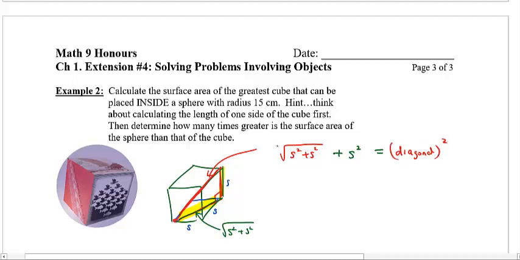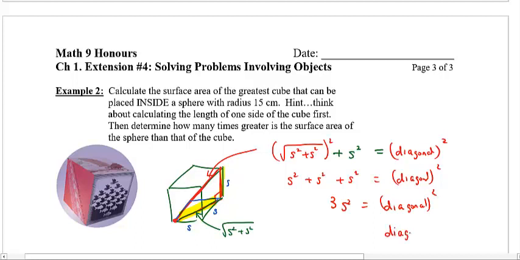I forgot to square it, by the way. So really, what do we have here? S squared plus S squared plus S squared equals the diagonal squared. So 3 of these S squareds equal the diagonal squared. If I want the diagonal by itself, that'll be the square root of 3S squared.